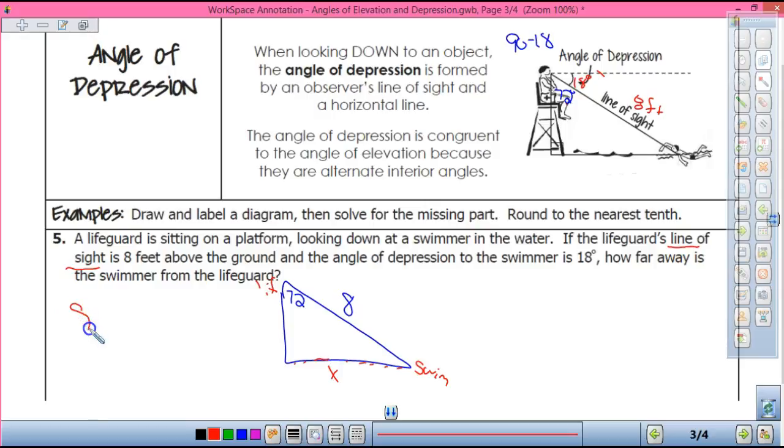Sine of what? 72. So be careful with that. It's not sine of 18. It's sine of 72 equals x over 8. So multiply or divide? Multiply 8 times the sine of 72. X is what? 7.6.